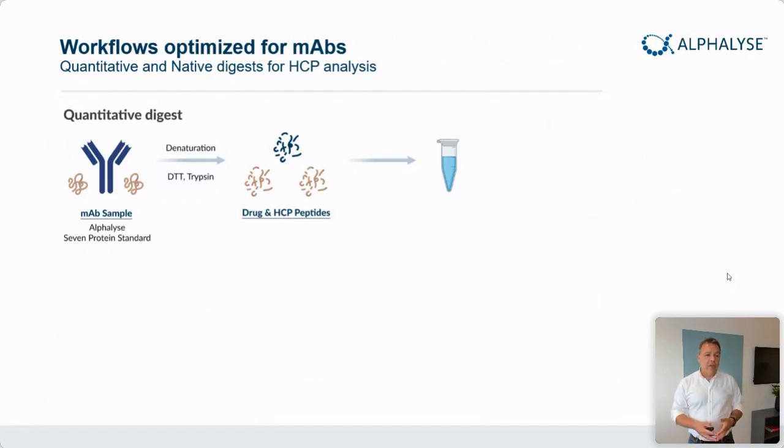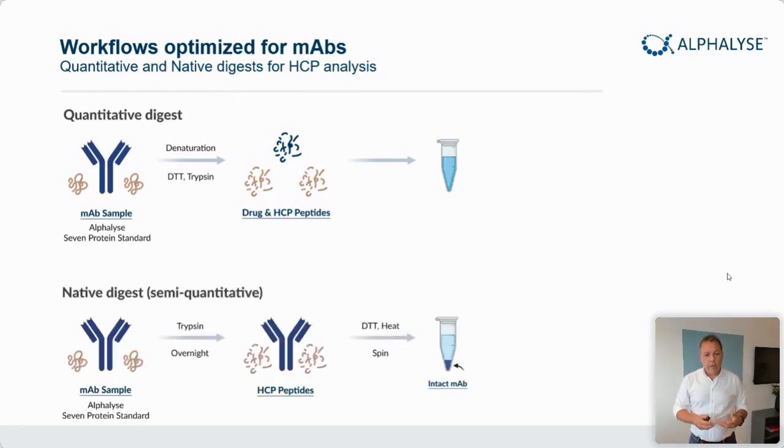By doing this, you will digest all the proteins in the sample, also the antibody itself. So you will generate a lot of peptides from the antibody itself, and then the minor peptides will be from the host cell proteins.